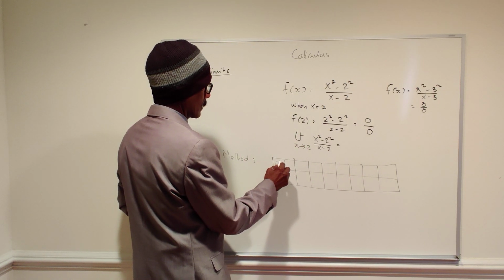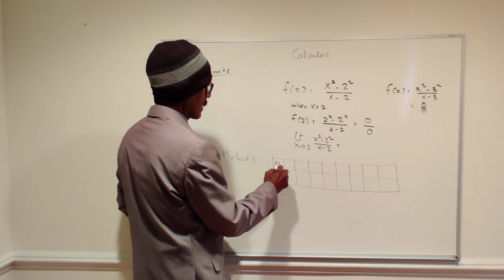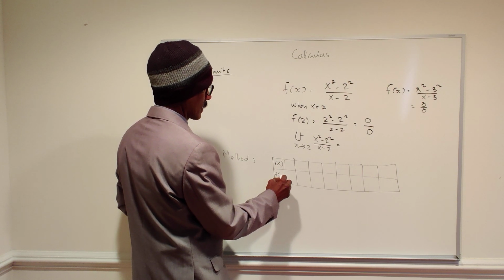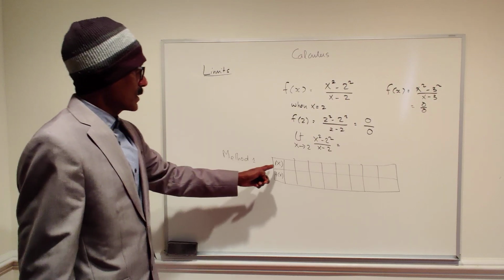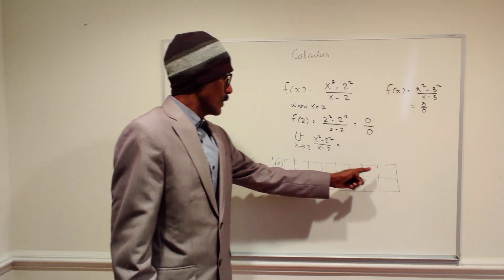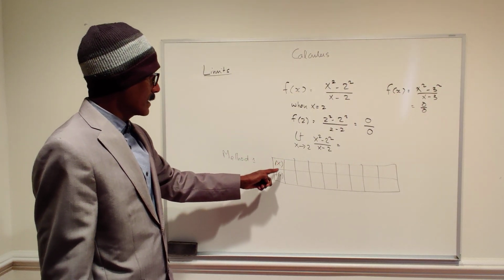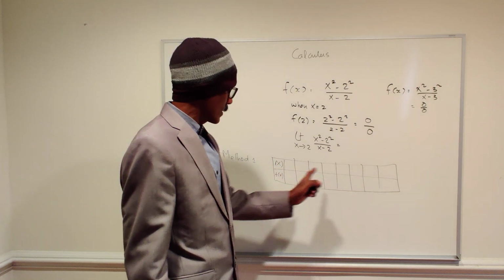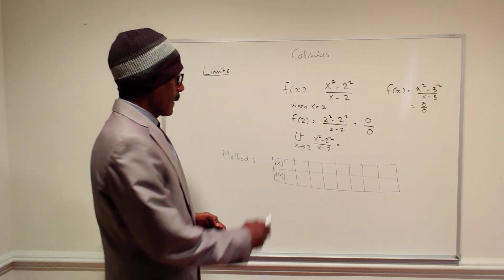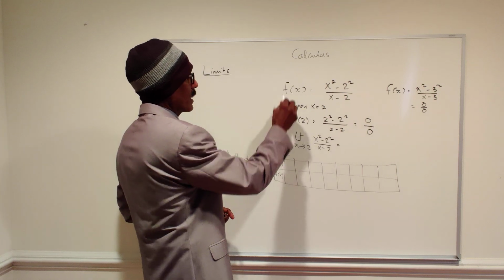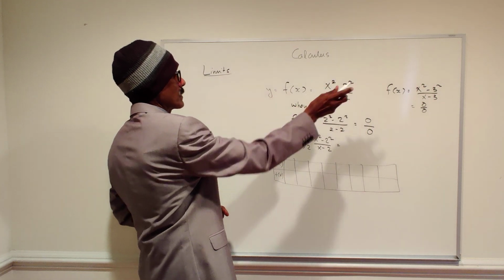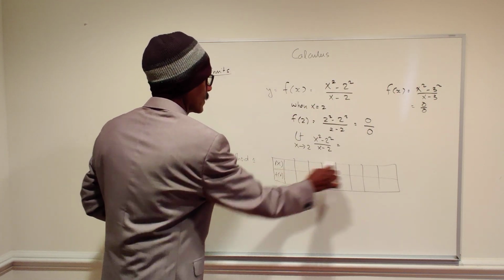Here the first row is x values. The second row is the value of f(x), that is y. Y is equal to f(x). This one is y and this one is x.